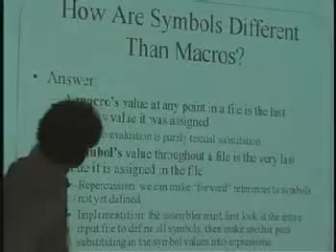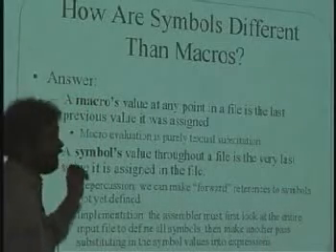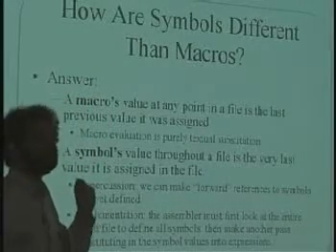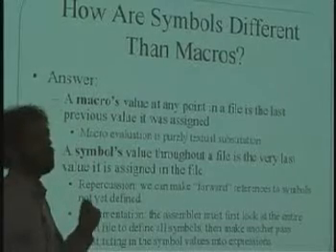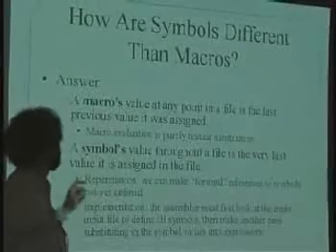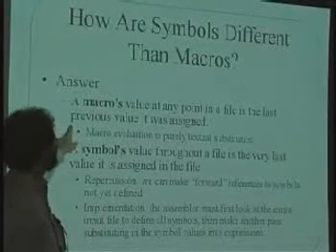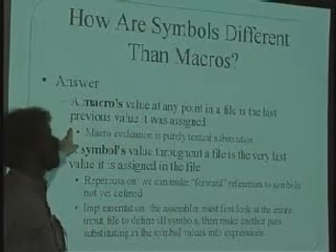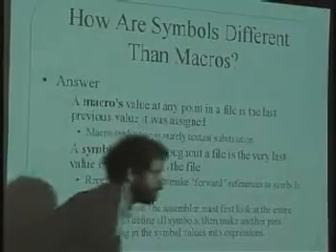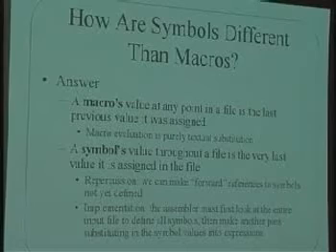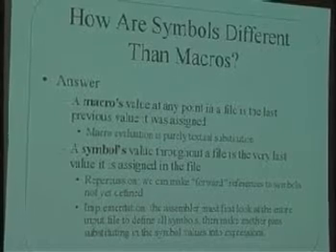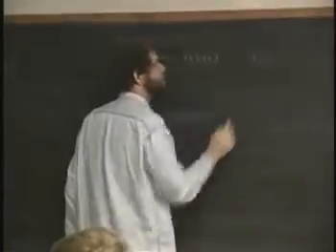A macro: if I have a macro foo, it turns out I can redefine foo several times in the file. And so the question is, what is the value of the macro foo? And the answer is, it's the value that it had the last time that I assigned the macro. So in this purely textual substitution mode, I can say .macro foo(x), and I can say x plus 1.